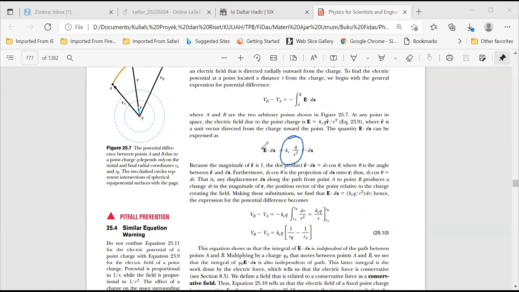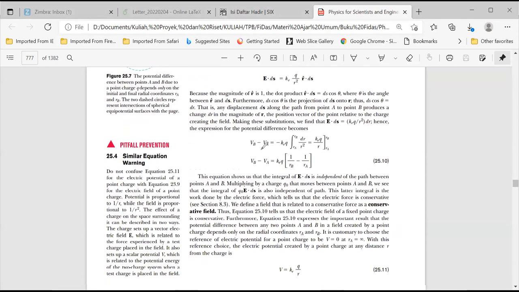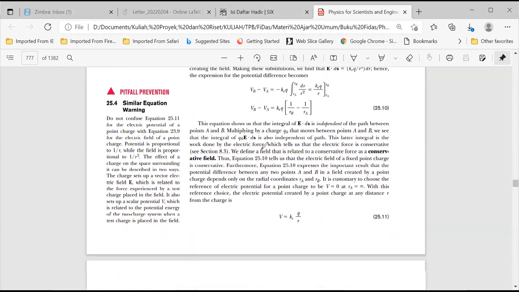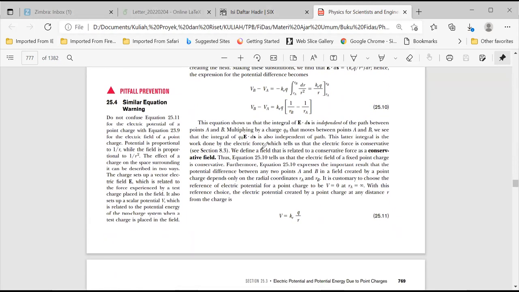At infinity the electric field vanishes, so we get this form. Finally, we get V equals k times q over r, if at infinity the potential vanishes.